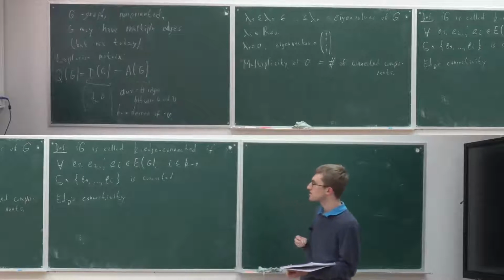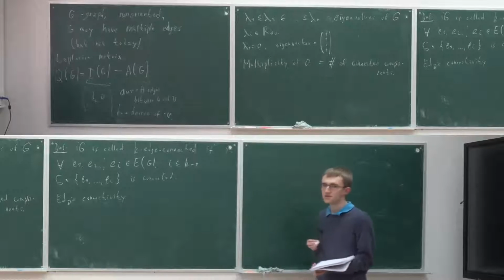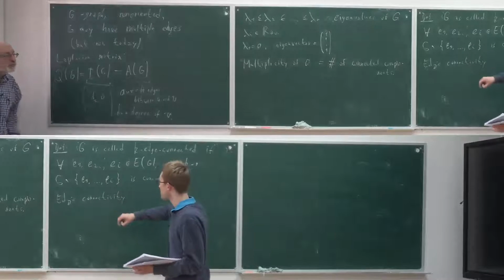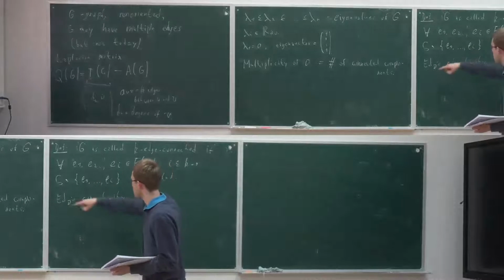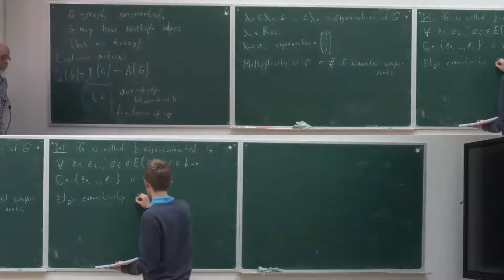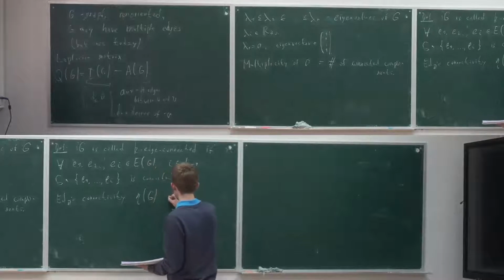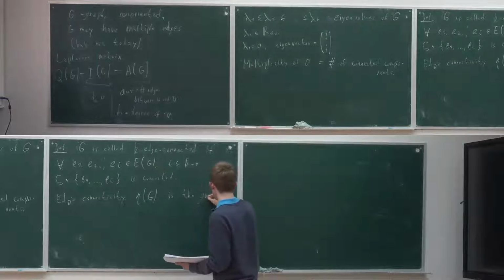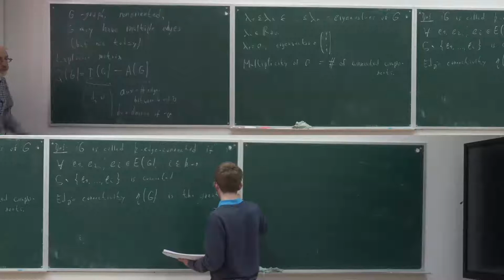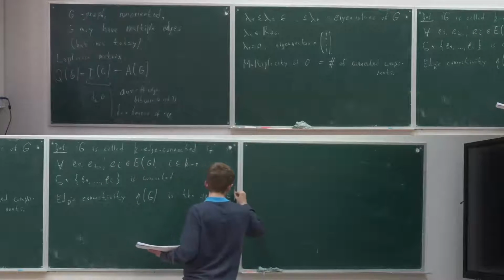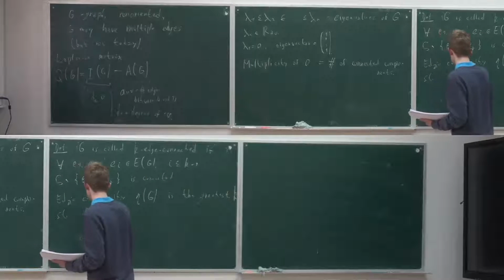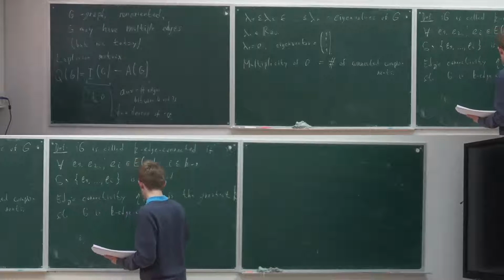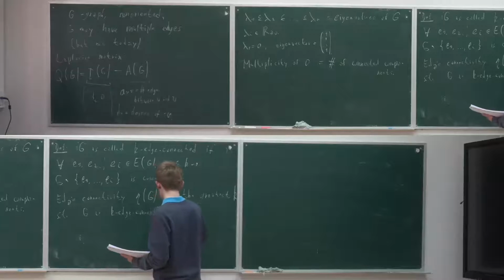Yes, I see. So the related notion, edge connectivity, is denoted as eta of G. It is just the greatest number k such that G is k-edge connected.